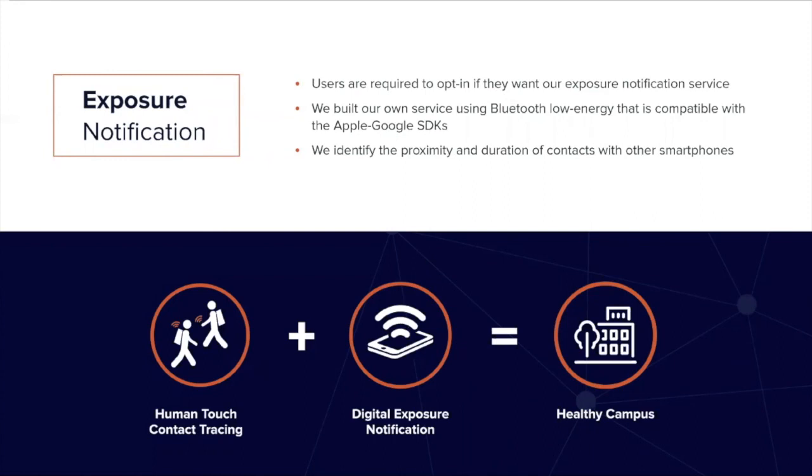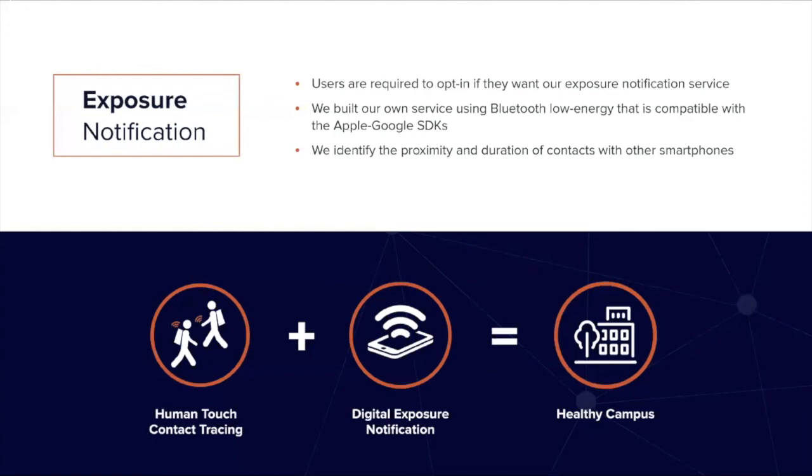Exposure notification is a digital process that we use in combination with contact tracing, for which the local health authority is responsible. You may be familiar with that: when someone is diagnosed with the disease, the local health authority gets the information, reaches out to that person, interviews them, and identifies people who have been in close contact with them in the last couple of weeks.